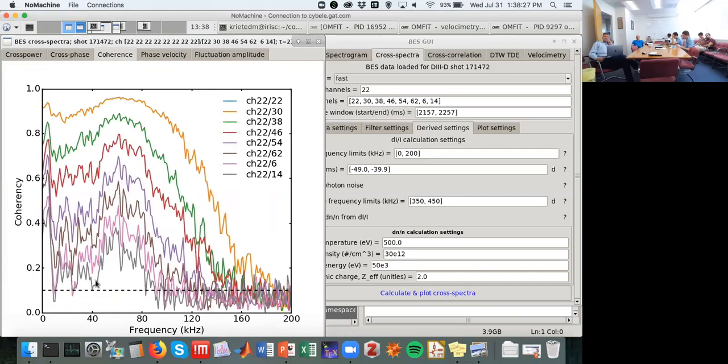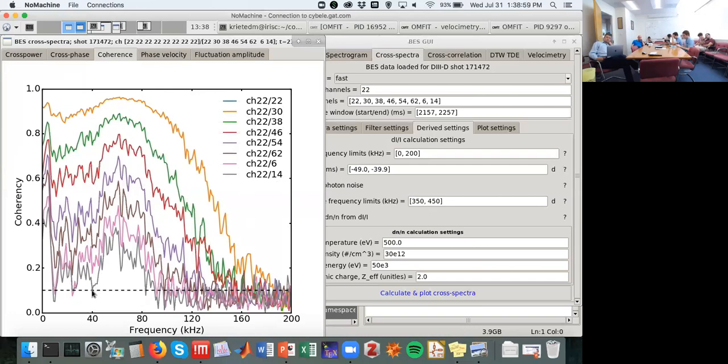Currently, you do have to pick a single frequency range for all of them. It's a work in progress feature improvement I'm working on, to use a set of frequencies for each pair. But let's be a bit restrictive. The lowest coherence range is this gray trace, the 22 to 14, the cross spectra between the further separated channels.